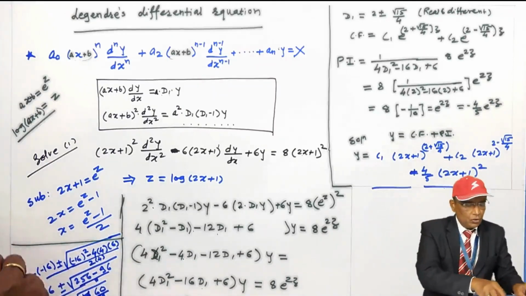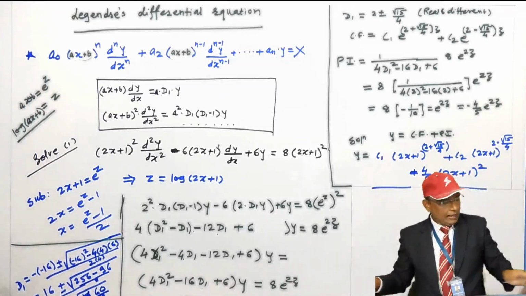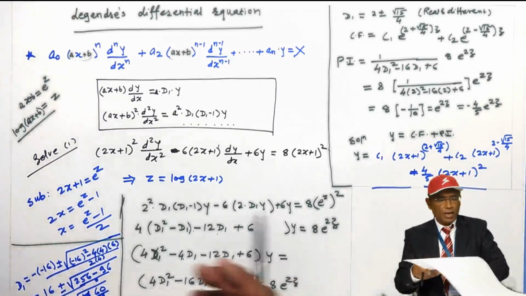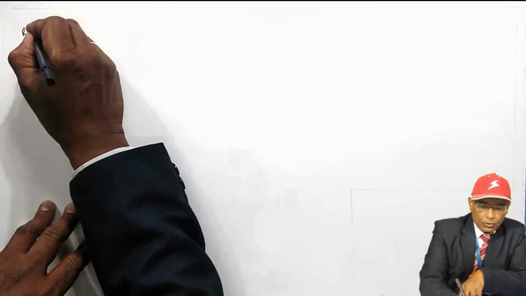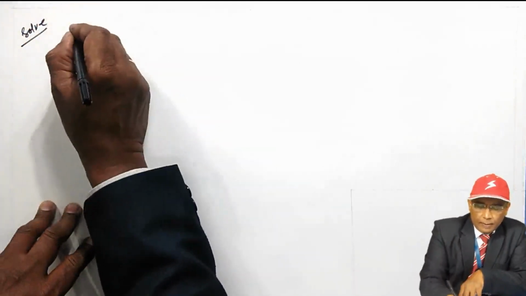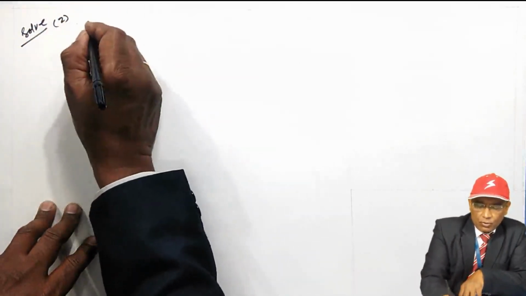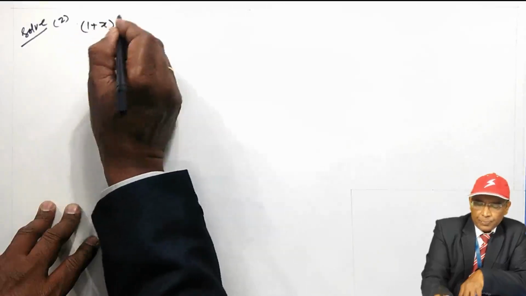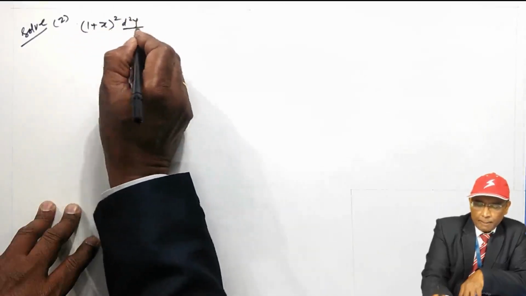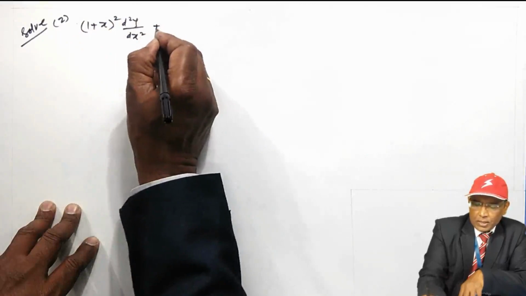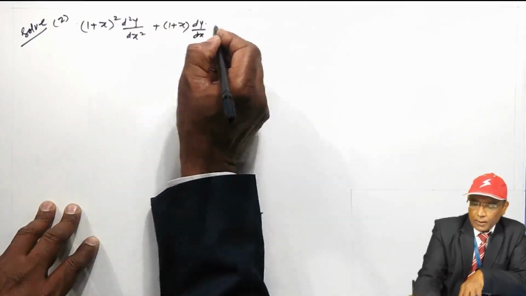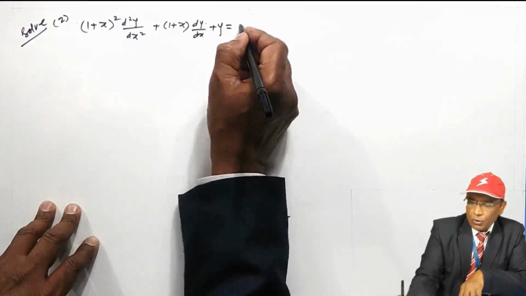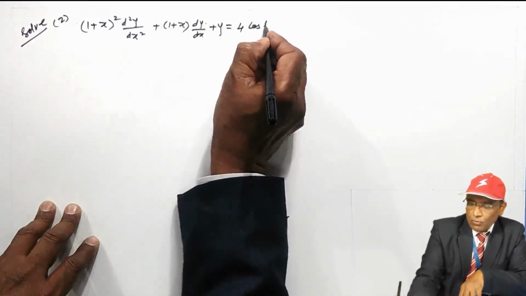Okay, quickly the next problem on Legendre's equation, and we will solve the differential equation slightly faster. I am going slightly fast. Second problem we are going to solve: 1 plus x square d2y by dx square plus 1 plus x dy by dx plus y is equal to 4 cos of log of 1 plus x.